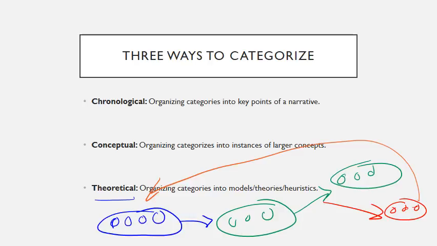You see what I mean? So that's theoretical. Theoretical is basically, instead of just classifying things, we're explaining the relationship between things, and that's what good findings do. Good findings don't just classify, they explain the relationship between 2 things.